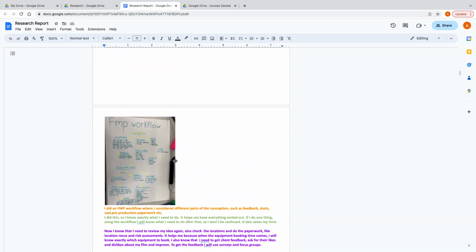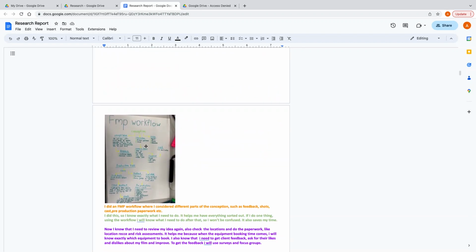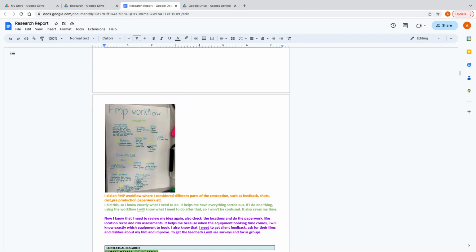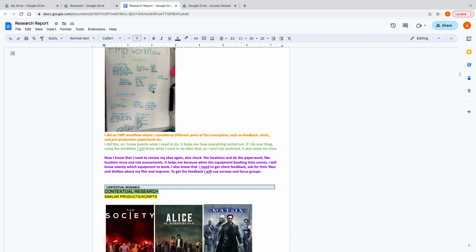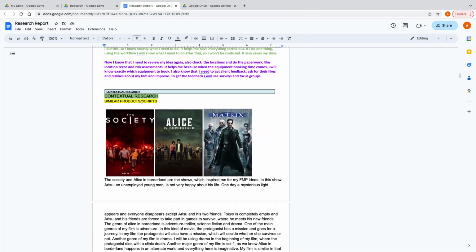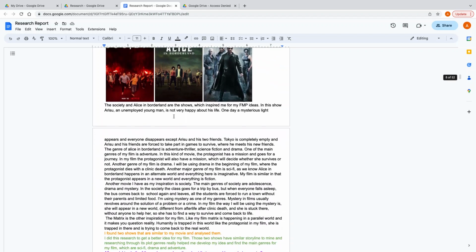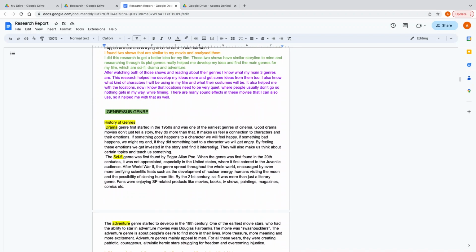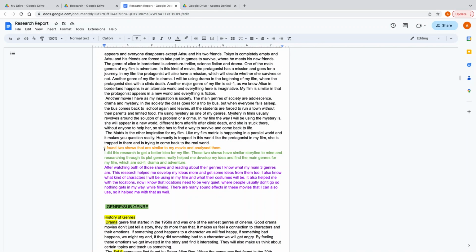Then I did an FMP workflow, which was like a schedule for my FMP, which really helped me. This is the contextual research. In contextual research, I researched many things, for example similar products, and I wrote a brief explanation of their storylines, and I also analyzed what I did there.